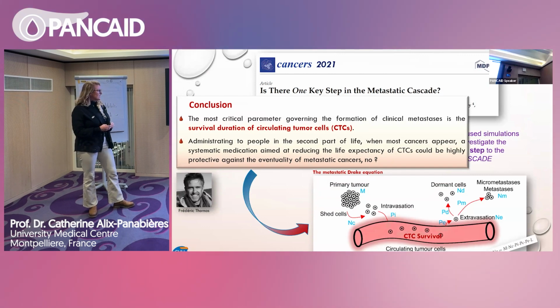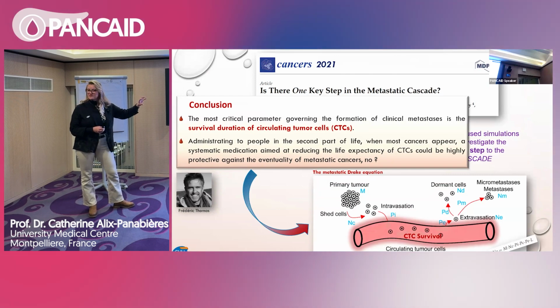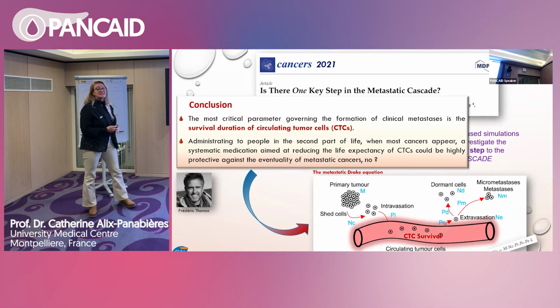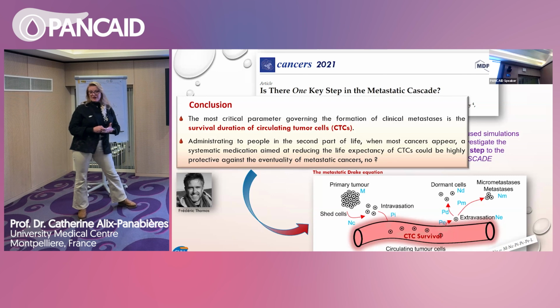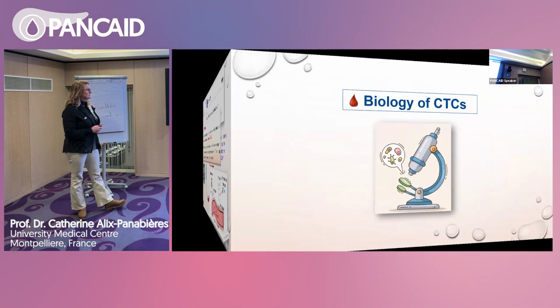So you see that it's really important to focus on that specific step, because when we tried to affect the other steps, it was not really important for the clinical development of metastasis. It's only the CTC survival, which made sense to try to decrease it and to understand how it works.